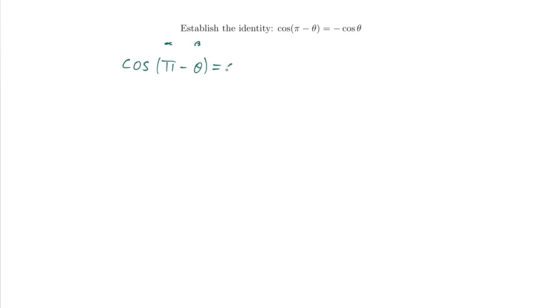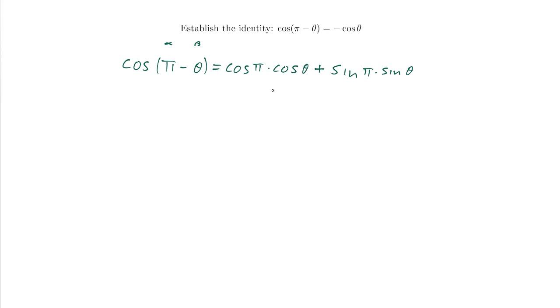So this becomes cosine of the first, cosine of pi, times cosine of the second angle, theta, minus, no, plus, you have the opposite sign. So cosine of pi times cosine of theta plus sine of pi times sine of theta.